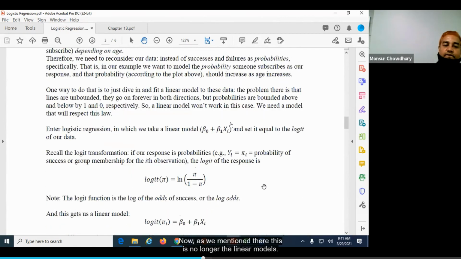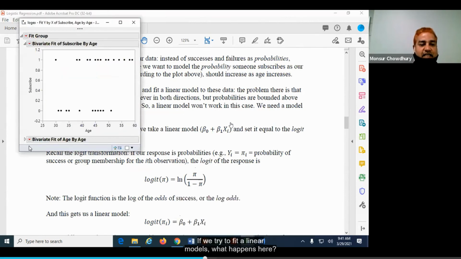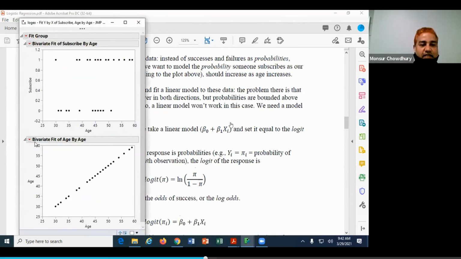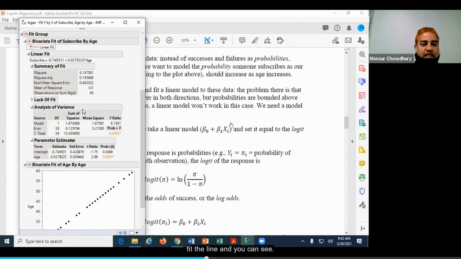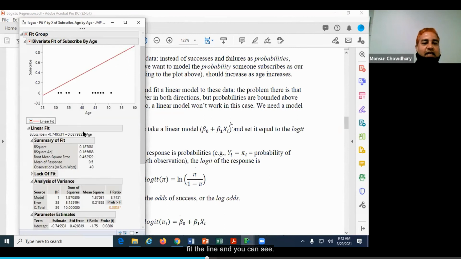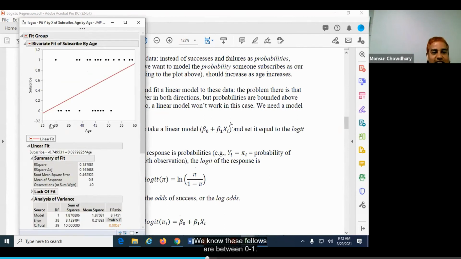Now, as we mentioned, this is no longer a linear model, so we cannot fit a linear model here. If we try to fit a linear model, what happens? You can see this is the bivariate fit, and if we fit a line here, we know that these values are between 0 and 1. This is the success or failure. The probability cannot be greater than 1 or less than 0.